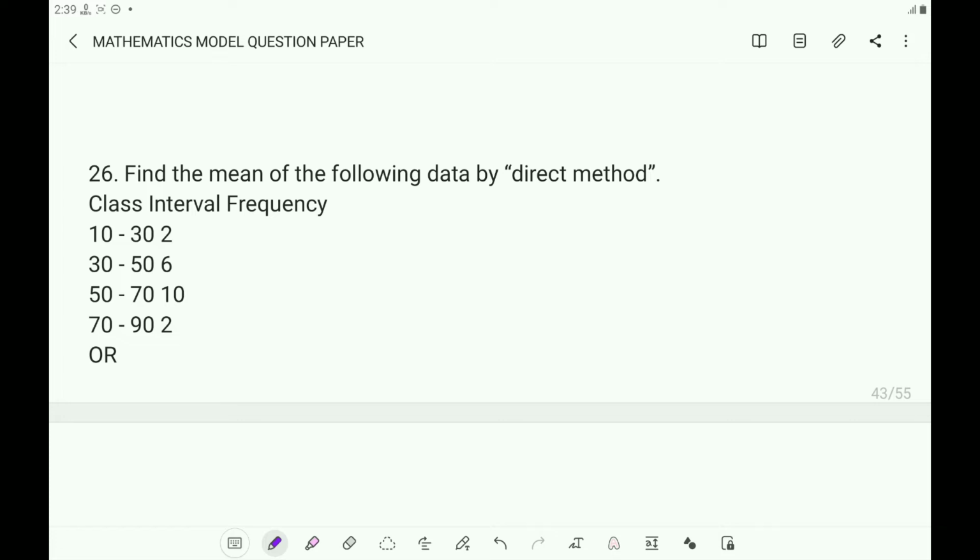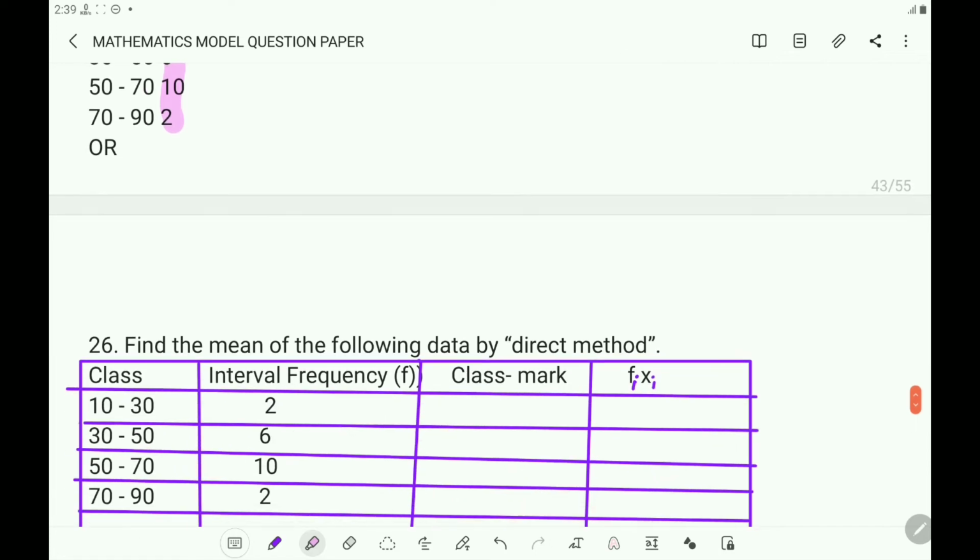Next question, question number 26. What is that question? Find the mean of the following data by direct method. Here class intervals are given and also the corresponding frequencies. Let us tabulate it.